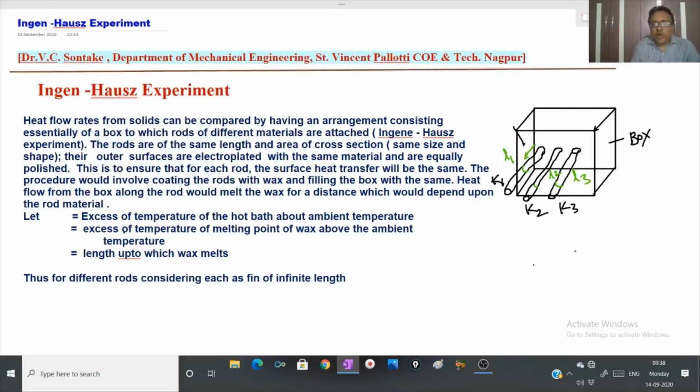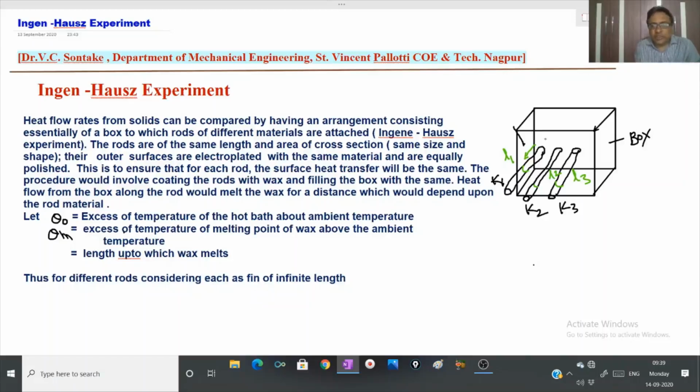So in order to analyze how the thermal conductivity of the different rods is related to the lengths L1, L2 and L3, let us consider theta O equal to the excess of temperature of the hot bath above ambient temperature, and theta M the excess of temperature of the melting point of wax above the ambient temperature.